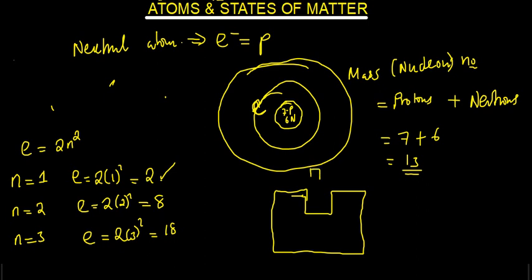Hydrogen can be placed here, or it can be placed somewhere here, but let me put it there. And then you're also going to have helium here. So on the periodic table you have groups and periods. Moving from left to right, those are going to be referred to as groups.